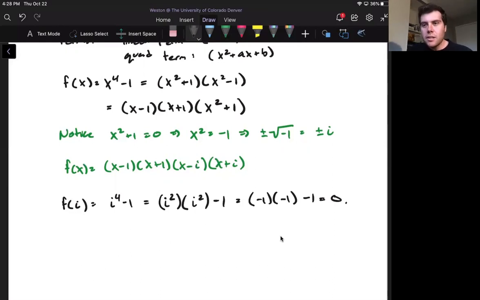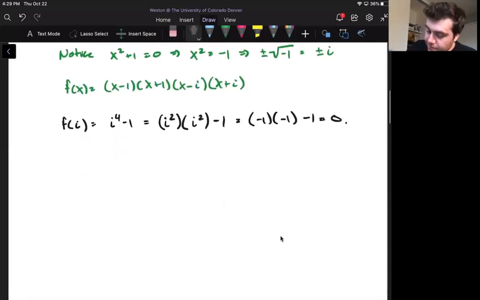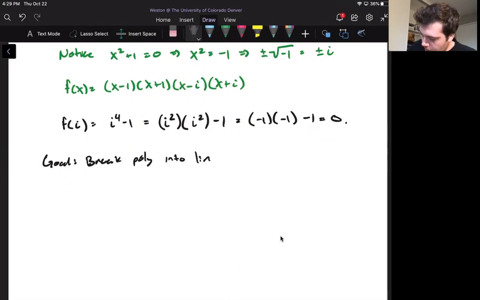So pretty much the process for finding complex zeros, as it goes with this class, is going to be breaking a polynomial down into its quadratic and linear terms, and then we actually apply the quadratic formula.